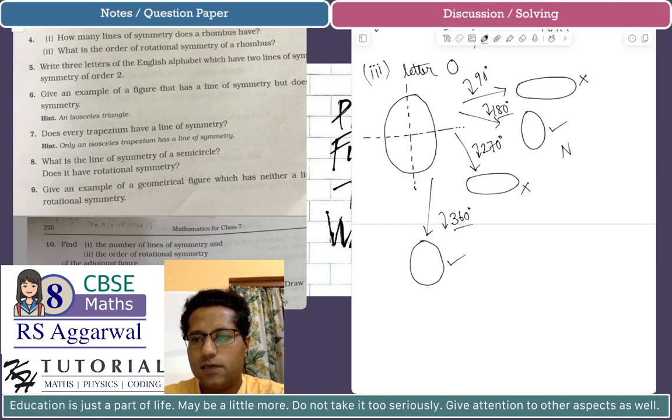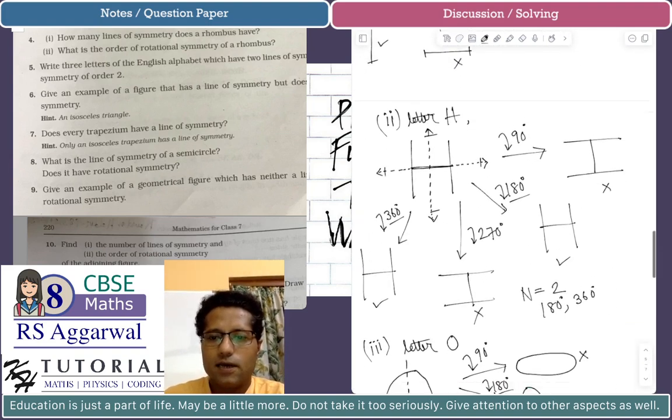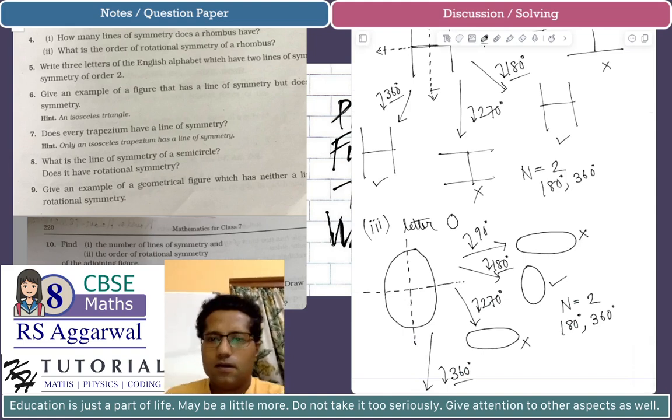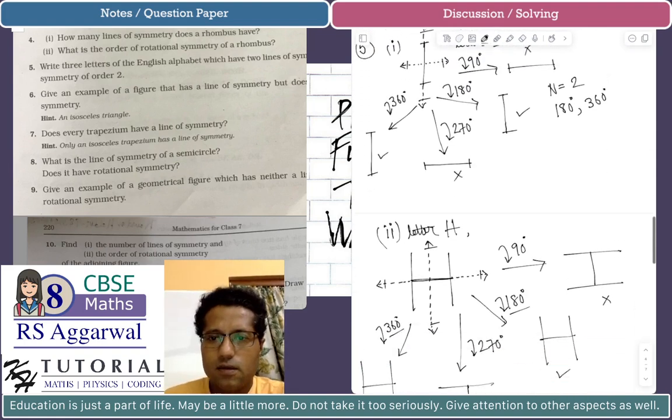So we can clearly see n equals 2 and the angles of rotational symmetry are 180 degree and 360 degree. So we have letters H, I and O. There could be some other letters, but as far as my memory is concerned, I can think of letters I, H and O.